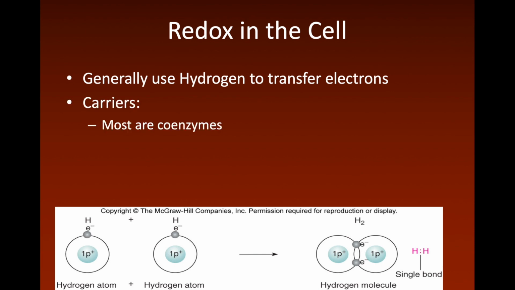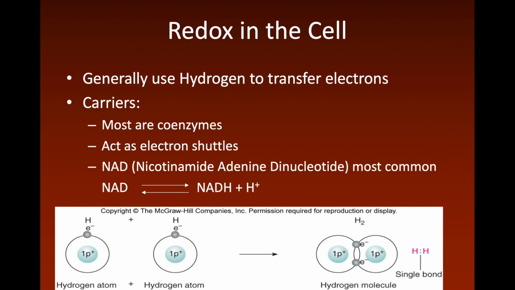These are carried by coenzymes that act as electron shuttles. The most common one is nicotinamide adenine dinucleotide, or NAD. You can see these are the two common forms of NAD. So NAD, when it is not carrying the electrons and protons, is in this form here.